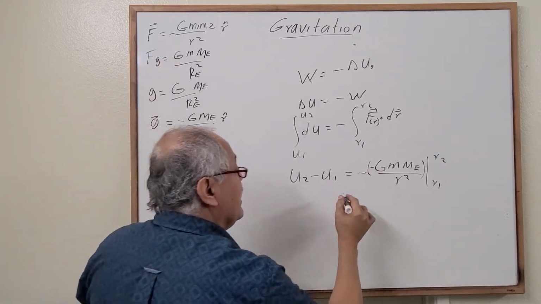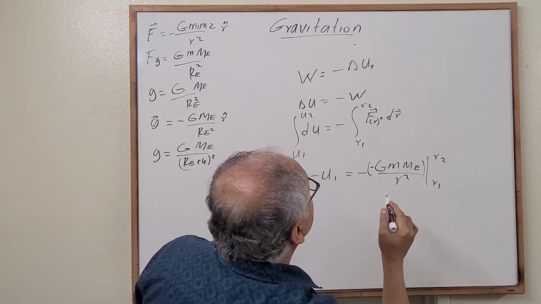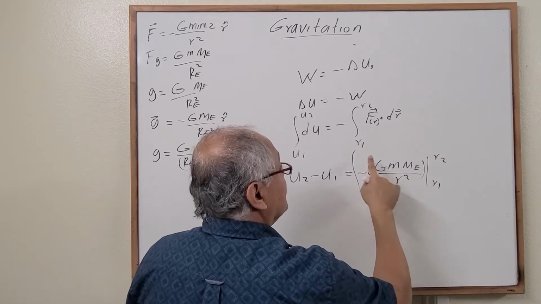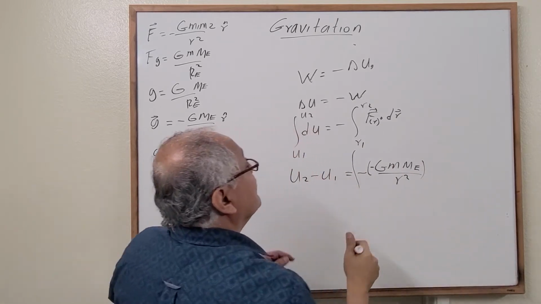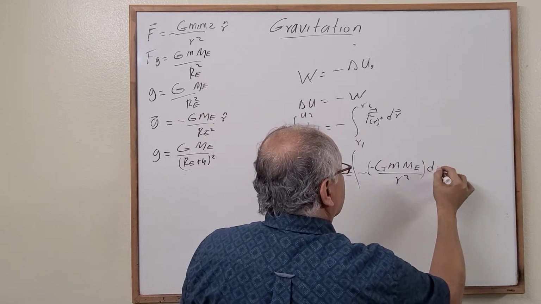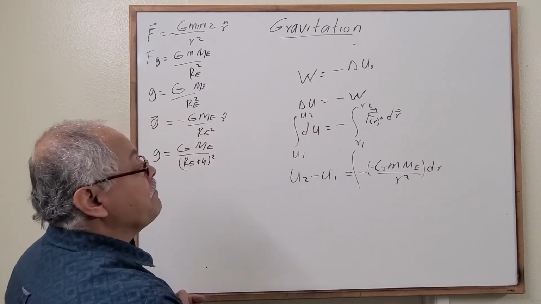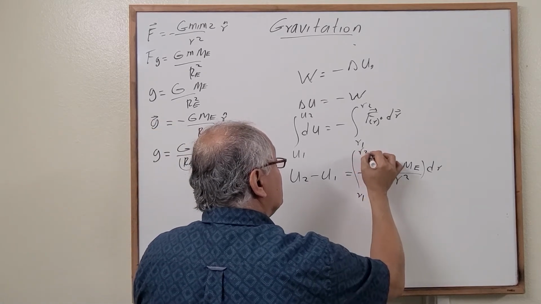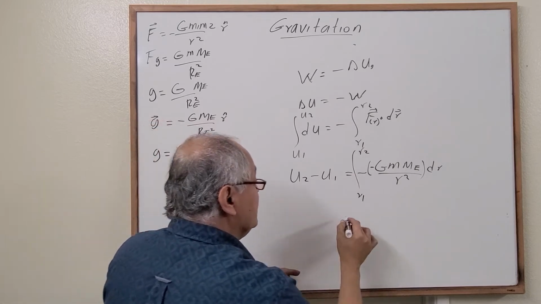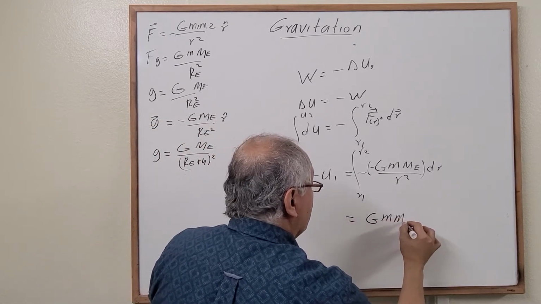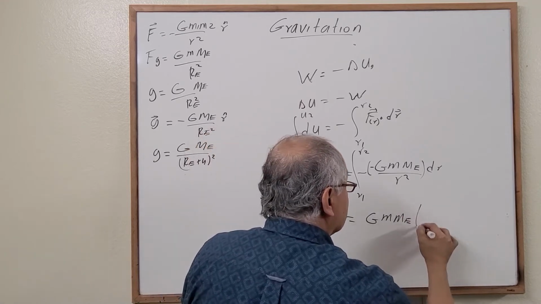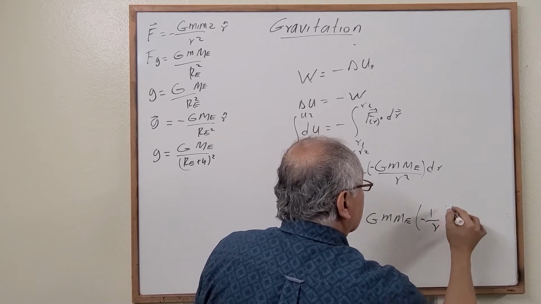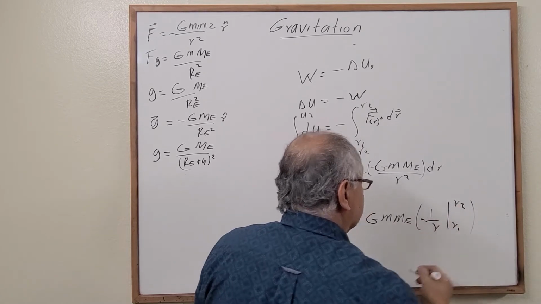Perfect. So what do we have at the end? Again, we're dealing with the integral of dr, from position 1 to position 2. This is equal to G times the mass of the Earth, times negative 1 over R, from R1 to R2.